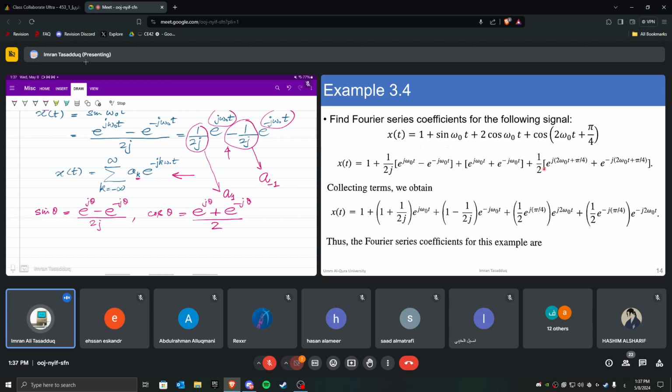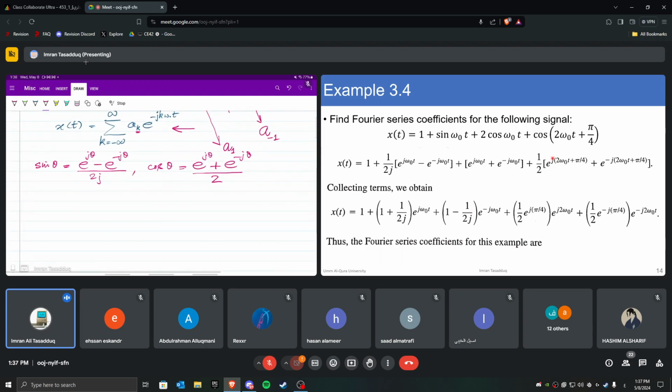All right. So now the next step, after doing these two, is to look at this complicated one. Let me write it down here so that it's clear. I'll take this part separately and explain it in the other window. I hope you can see it. This is cosine of 2 omega naught t plus pi by 4, right?